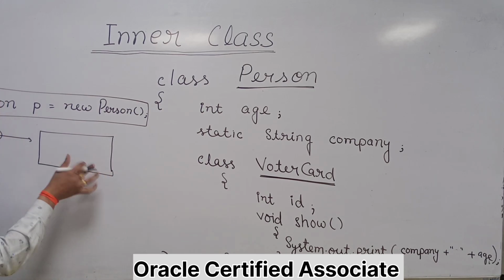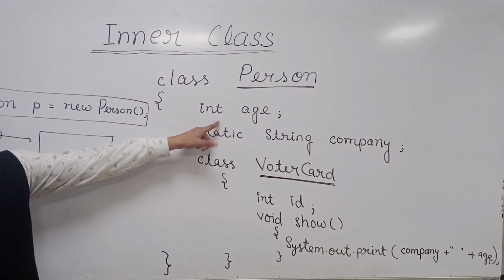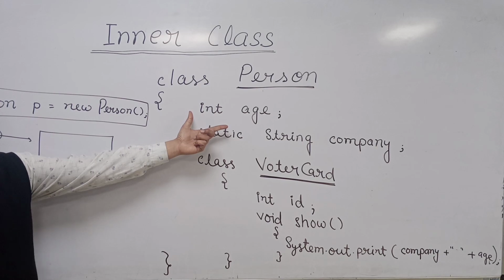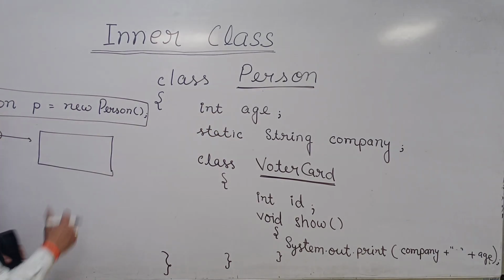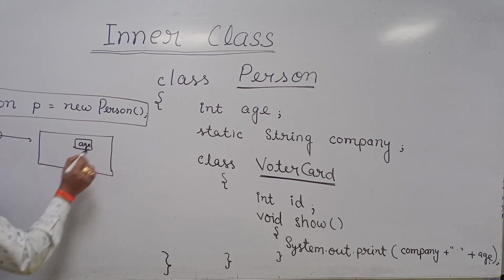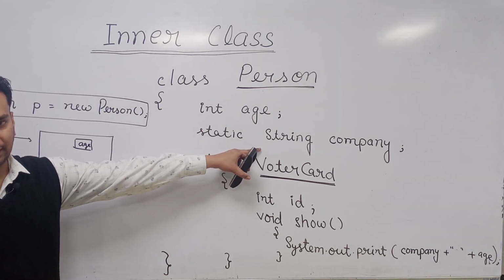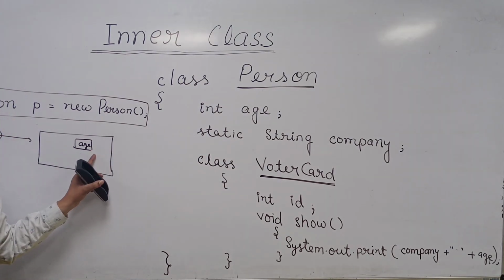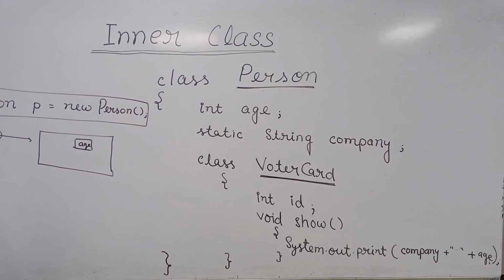In this object we will have all the instance variables of your class. That's what we have seen: instance variables are created inside the object. So here you will get some age variable. It is an instance variable, but company is a static variable. It will not be created inside the object. It is created inside the heap.